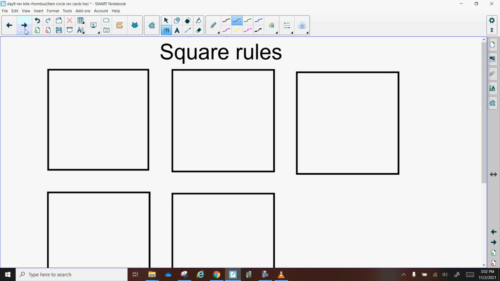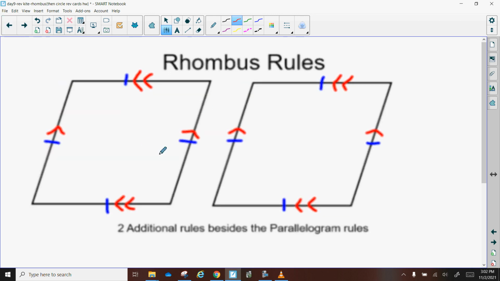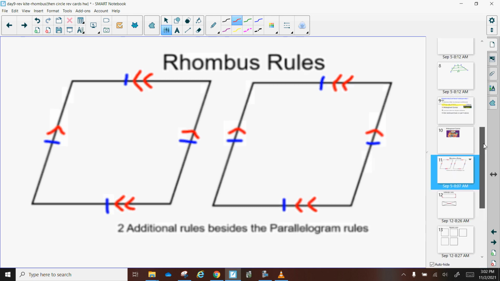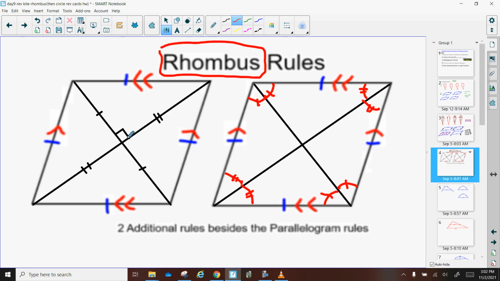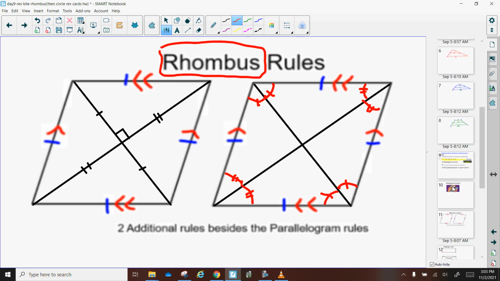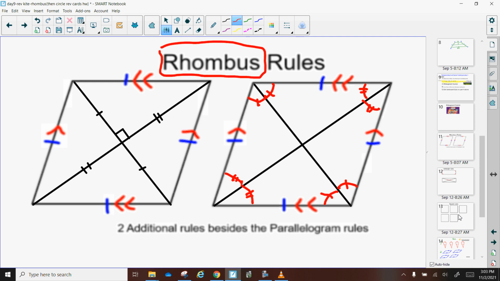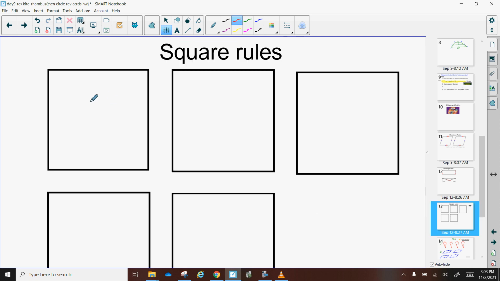We have one more rule right here that's going to be for a square. For a square, all the rules that we had for a rhombus apply. Remember for a rhombus, we said the diagonals were perpendicular and the diagonals bisected the angles. So we're going to come up here and add in all the square rules.